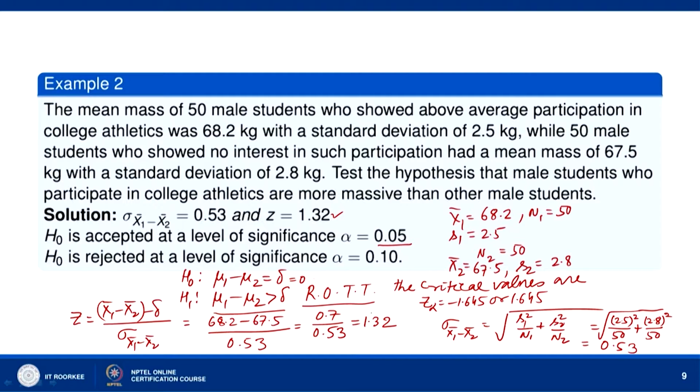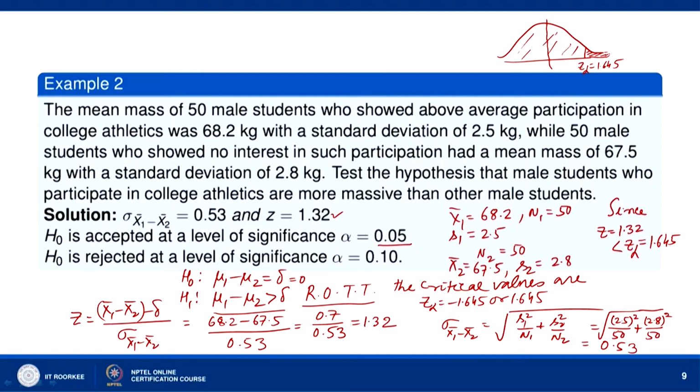Here Z is equal to 1.32, which is less than Z alpha equal to 1.645. Here you see, this is your Z alpha equal to 1.645, this is the critical region, and this is your region of acceptance of H naught.